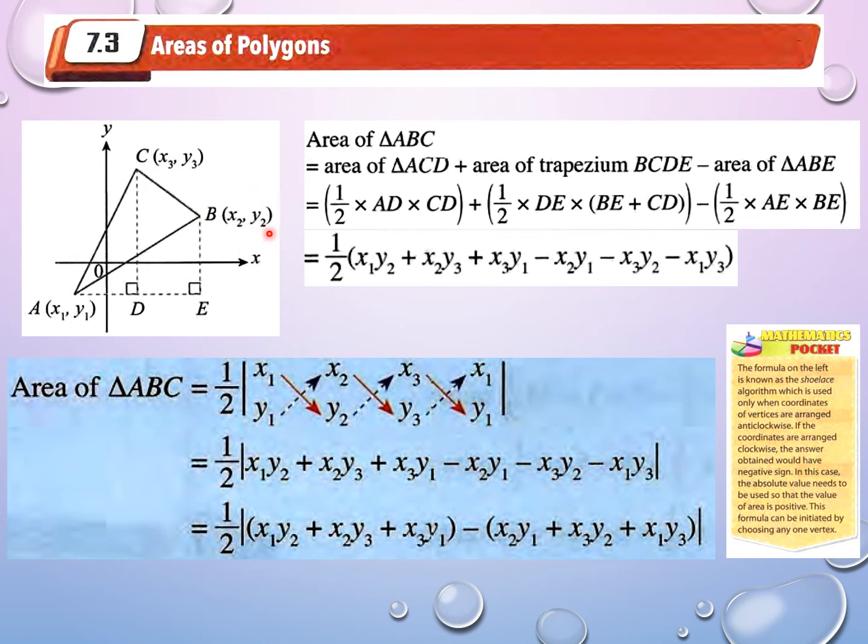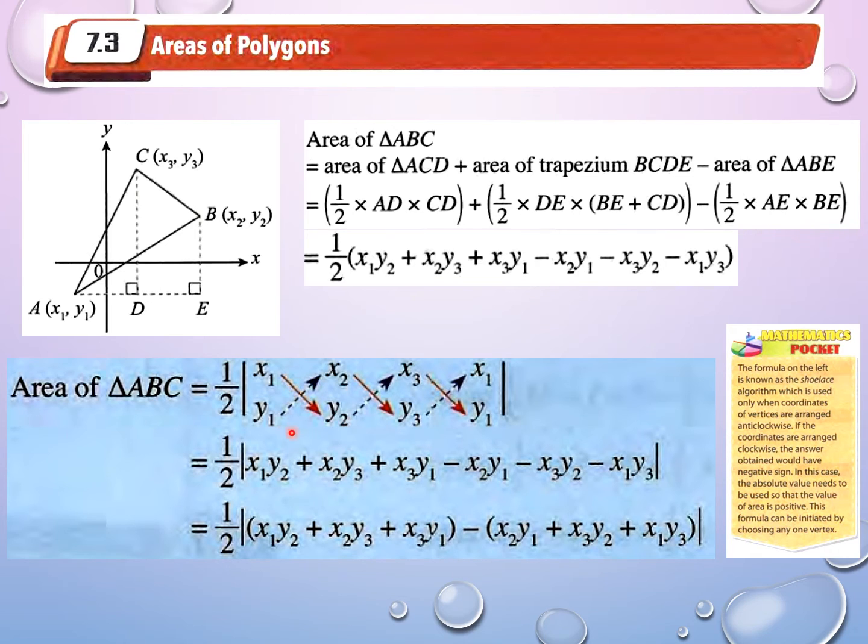So when we arrange anti-clockwise, you will get positive. But if you arrange it clockwise, you get negative. Since area cannot be negative, it's better we put the modulus, so that we will know that we have to take only the positive answer.